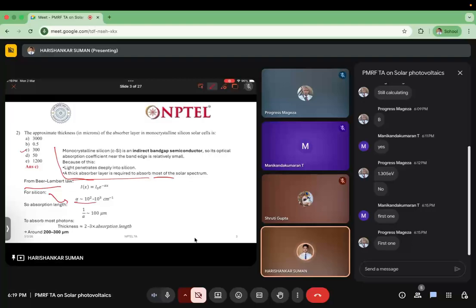So the absorption length, just inverting this centimeter inverse, is around 100 micrometer. To absorb all the photons, the thickness should be greater than this. Let's say 2 to 3 times the absorption length, so that's why it is around 200 to 300 micrometer.